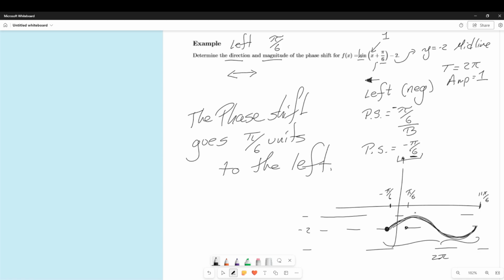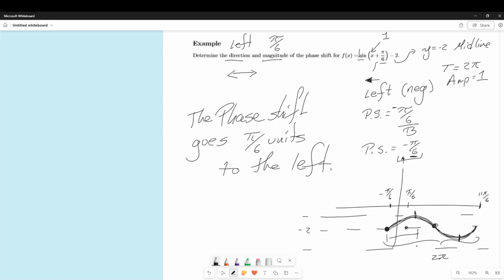And if we wanted to figure out where those maxes, center, and mins were, we'll talk about this more in a little bit, well, they break the graph into quarters. So the distance between each one of these is a quarter of the period.